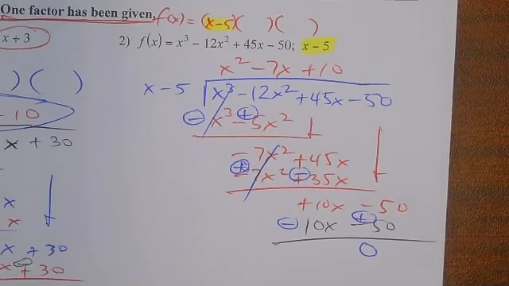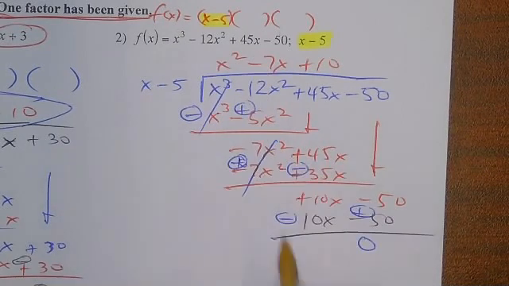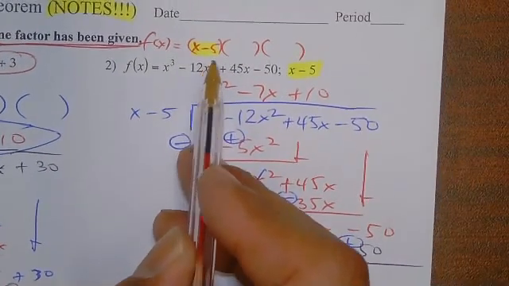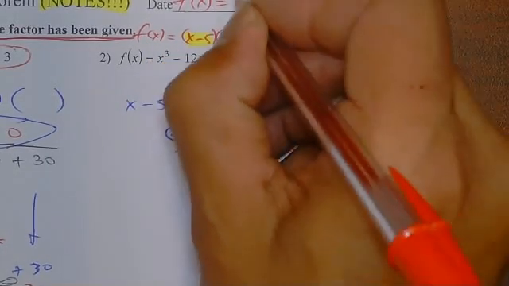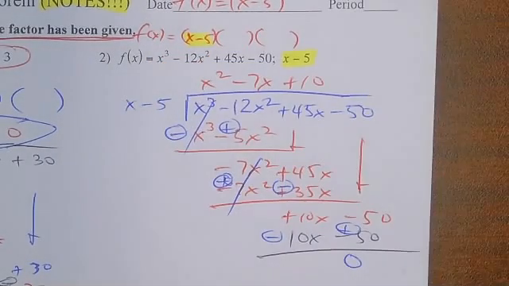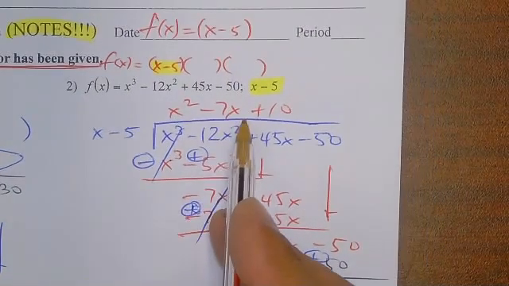Is that right? So now we have just figured out that instead of this polynomial, well, we don't have the final answer like this, but we have f of x is equal to x minus 5 times what? Times this x squared minus 7x plus 10, right?